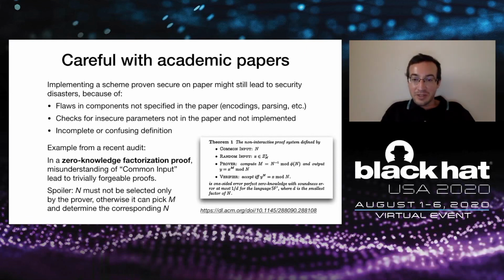What they understood is that common input was a value magically given to both the prover and verifier beforehand and not controlled by the prover. However, the implementer understood that common input was just a random value, potentially chosen by the prover. And if you do it this way, it becomes completely insecure and completely broken because anyone can forge a proof. So that's a very good example of something that is safe on paper and completely insecure in practice.